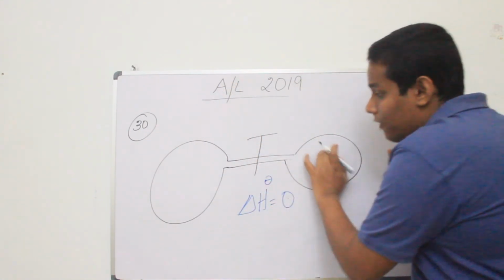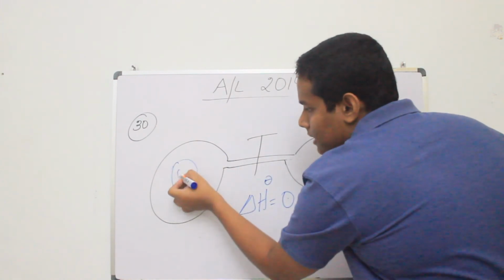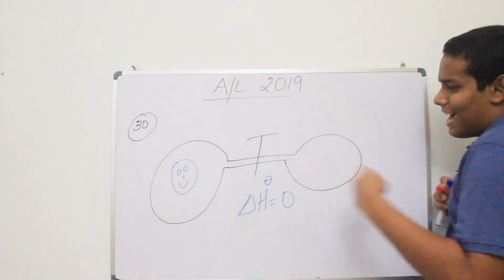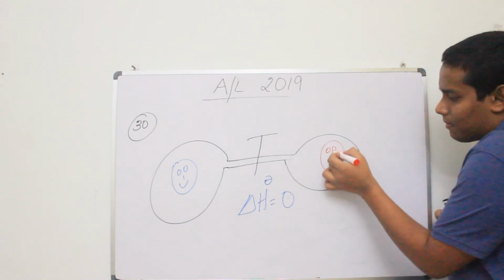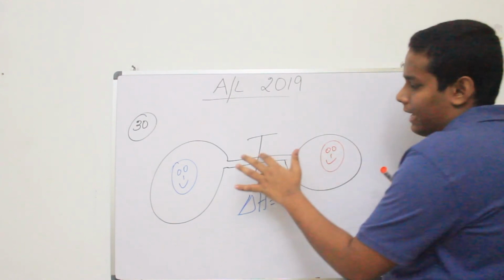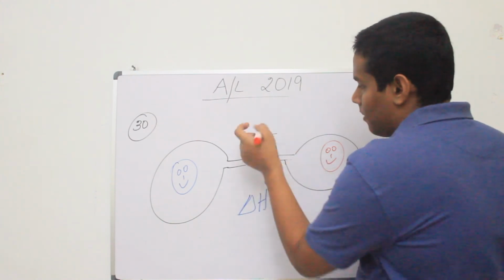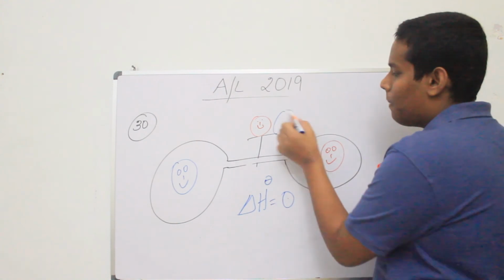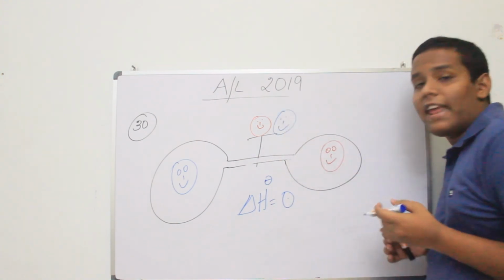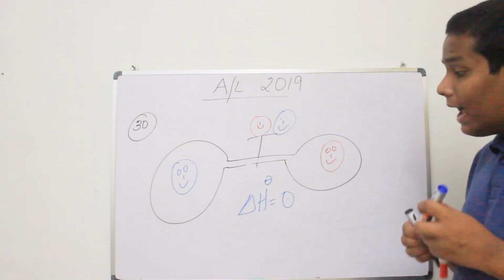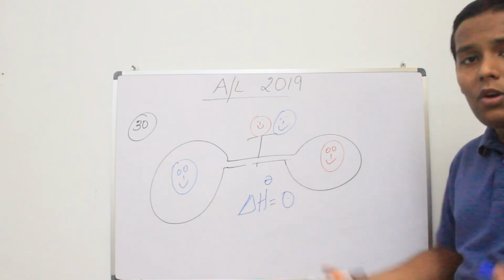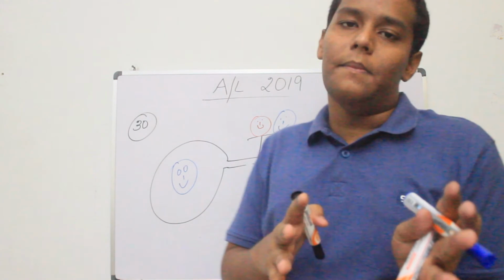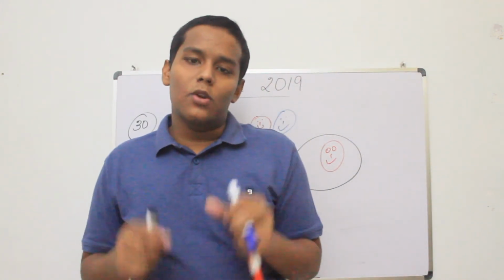So when you open the tap, both of them come together, but they do not react. No net exchange of energy from one component to another. So delta H is 0.